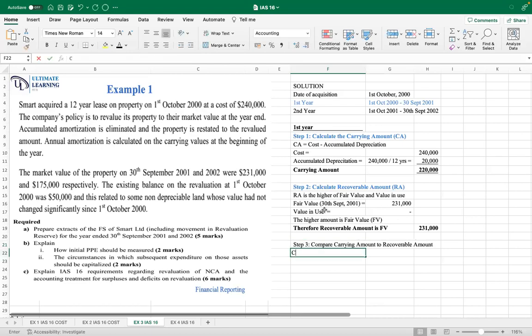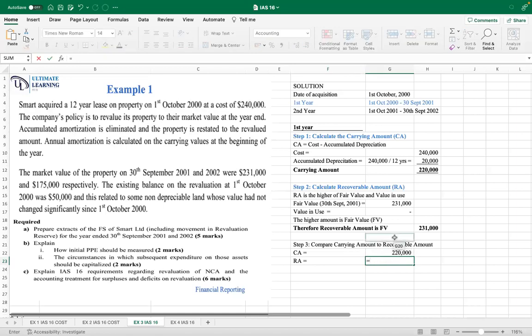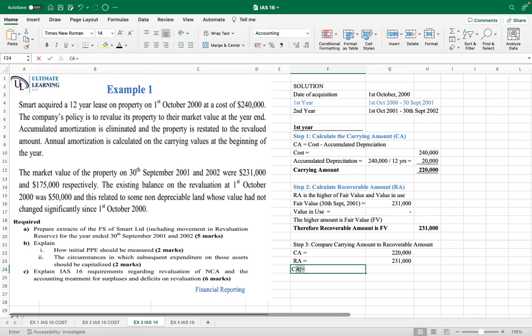So carrying amount is 220. Recoverable amount is 231. So recoverable amount is greater than carrying amount.